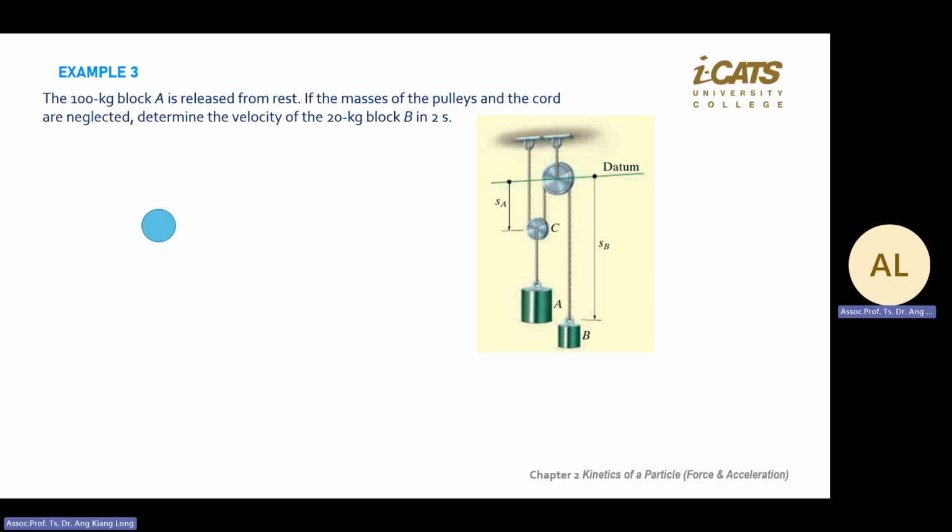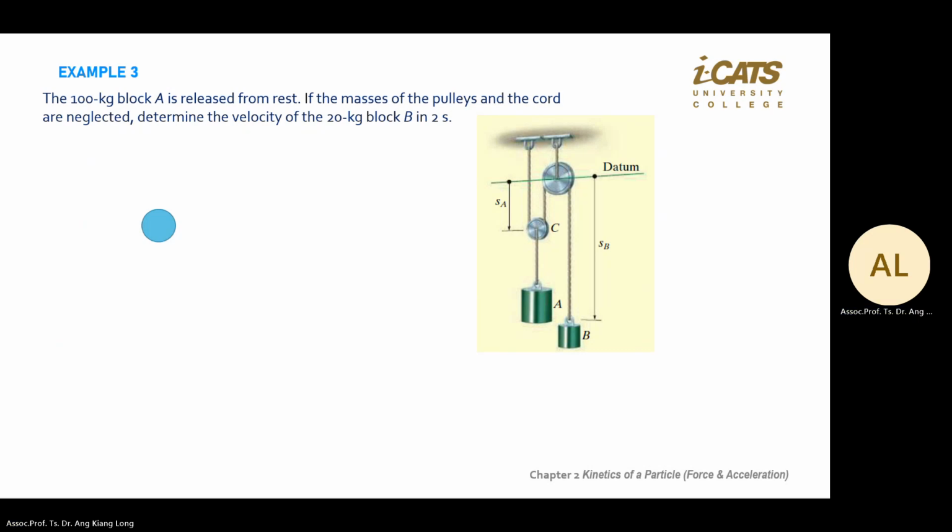Block A is 100, block B is 20 kilo. Which one drops? A drops, B goes up. This is common sense that you need to have, because A is heavier, A will pull down, B will go up.